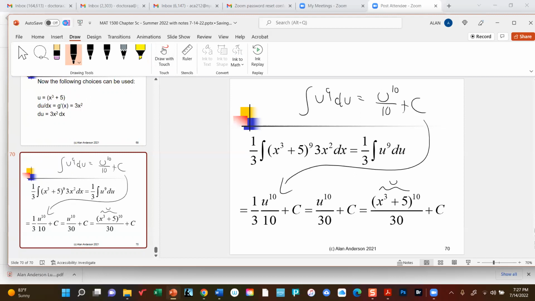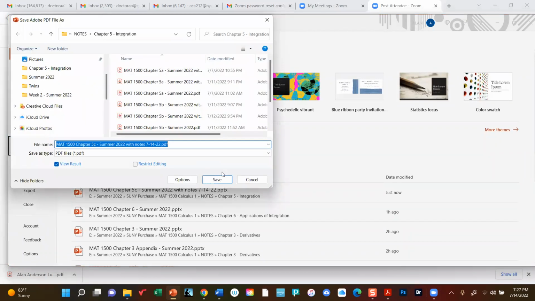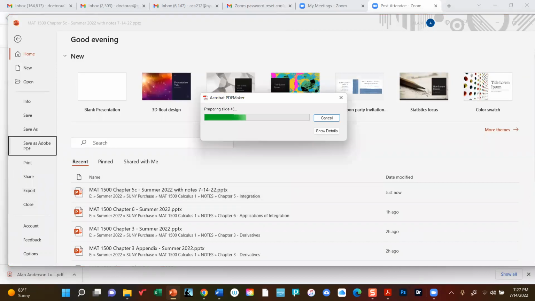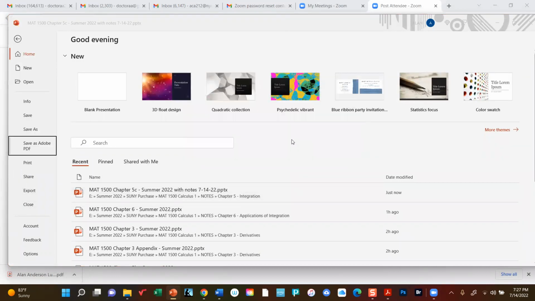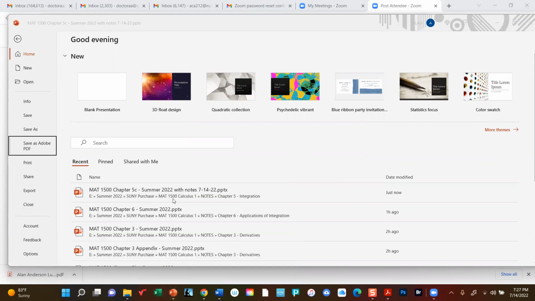Now we're ready for some more advanced, well, not so much advanced, but different applications of this. While that's going on, we can open up 5D, which is the last part of chapter 5.